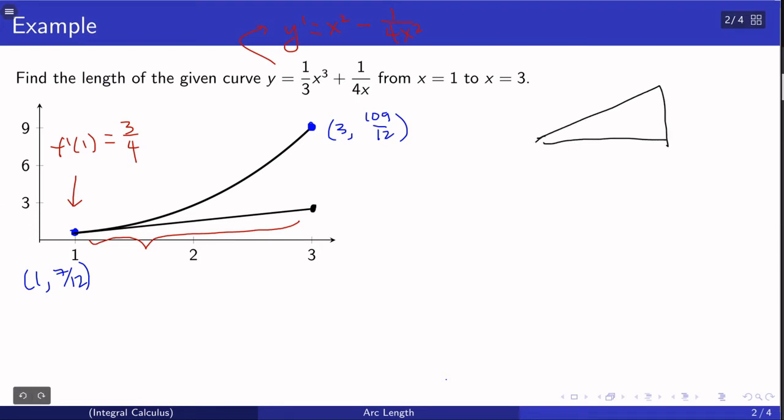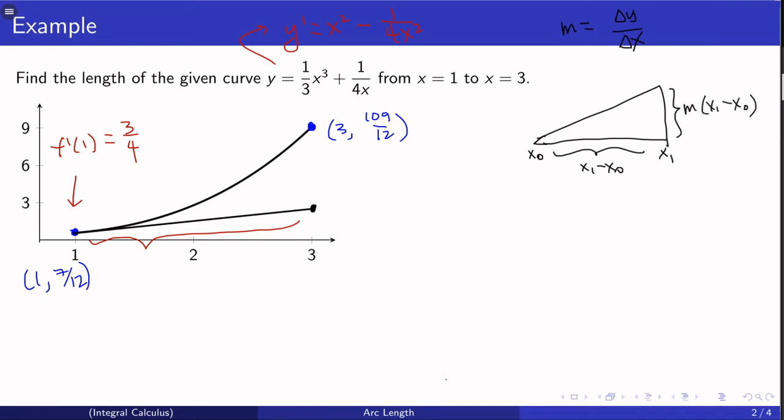If this is the x coordinate x0, and this is the x coordinate x1, so we know that the difference in x is just going to be x1 minus x0. How about the difference in y? Well, we know slope is just change in y over change in x, right? So this is delta y, and it's equal to m times delta x.